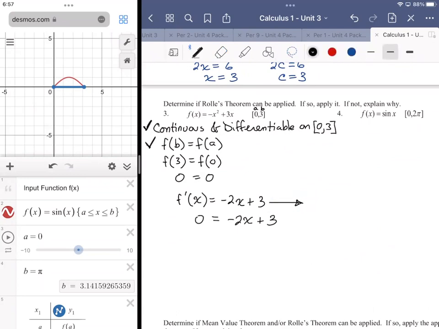There's some point c on this interval where the first derivative is equal to 0. So we would say f prime of c, which would be -2c plus 3, is equal to 0. Either way, you can leave it in terms of x and solve, or you can plug in the c and solve it. It's going to give you the same value.